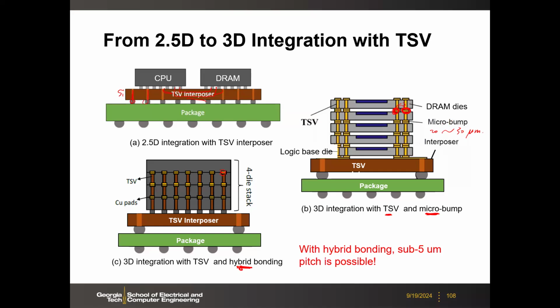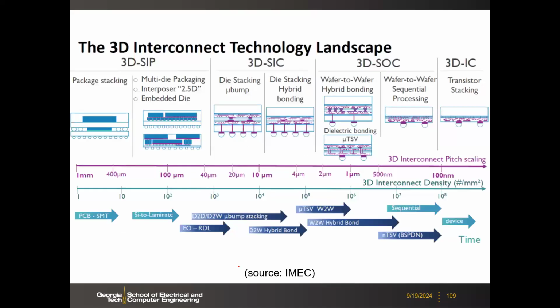Okay, so then if you look at the entire landscape of this advanced packaging, and this was borrowed from imec, you may have, on the larger pitch size, the system in package stuff. You can have multi-die packaging and so on with embedded die.